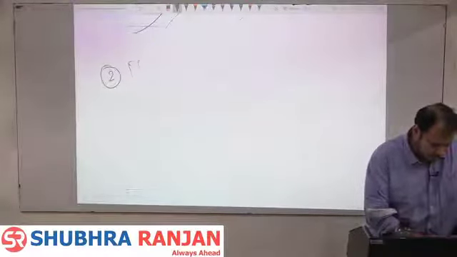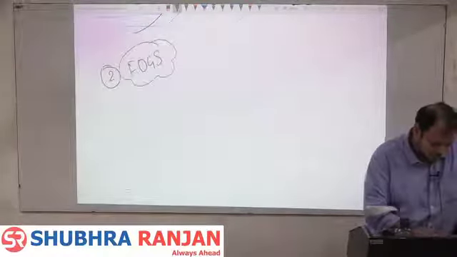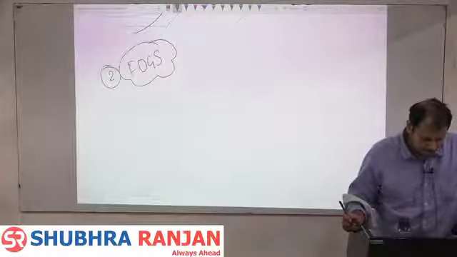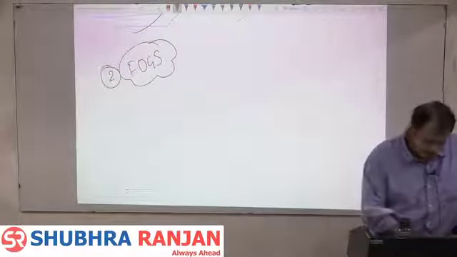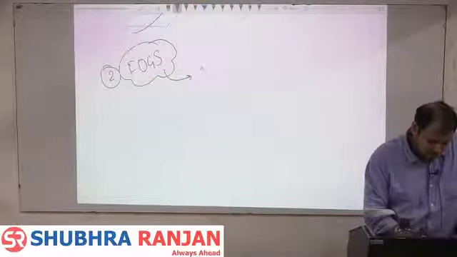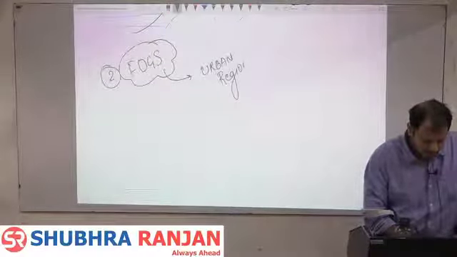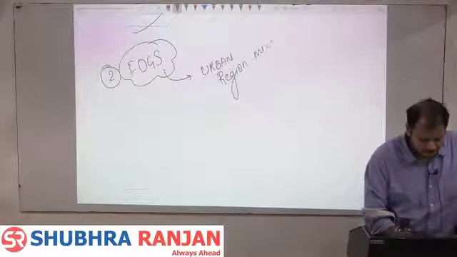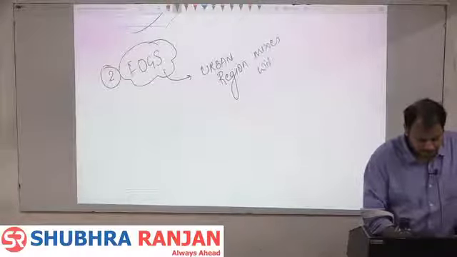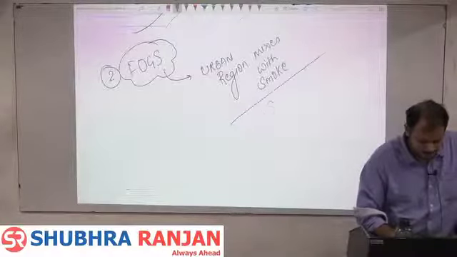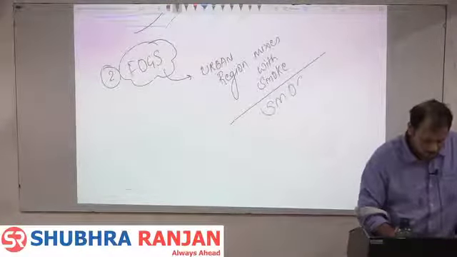Second, it results in the formation of fogs. And we will do fogs as a separate topic. So remember, fogs in the urban regions mix with smoke to form deadly smog.